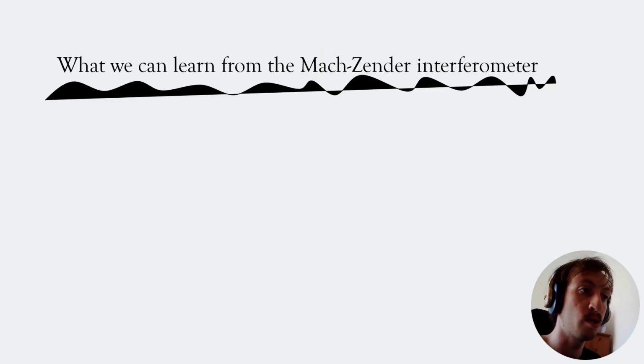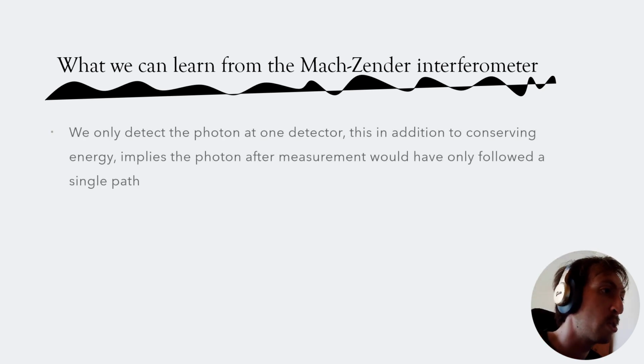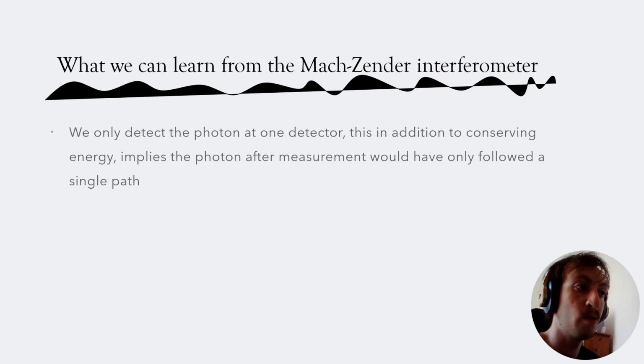So to summarise what we learned from the interferometer, and then quickly move on to the bomb: we know that we find the photon at only one detector, and also, due to the conservation of energy, which broadly works in quantum mechanics without going into too many subtleties, we can't say that during the experiment the photon was literally in two classical states.